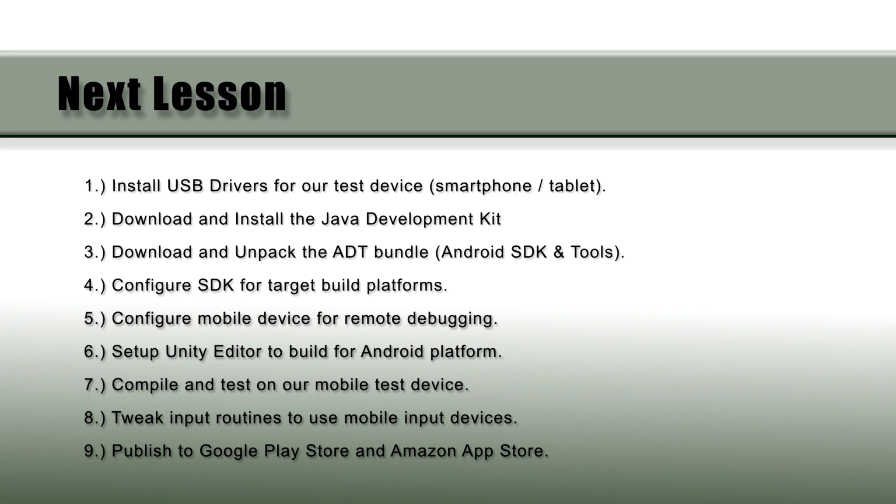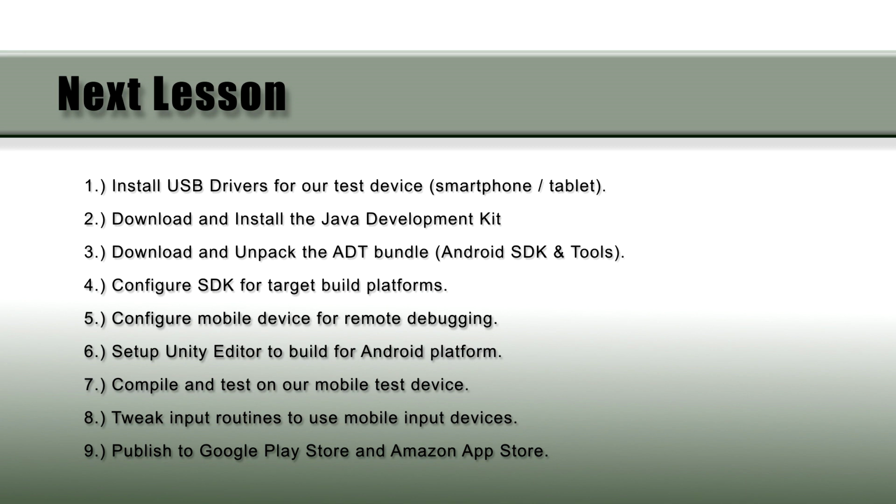Then we're going to configure the actual mobile device for connection to our development computer and connect it via a USB cable. We will then configure Unity to know all about the location of the Android SDK and switch and configure the build settings to build an Android package.